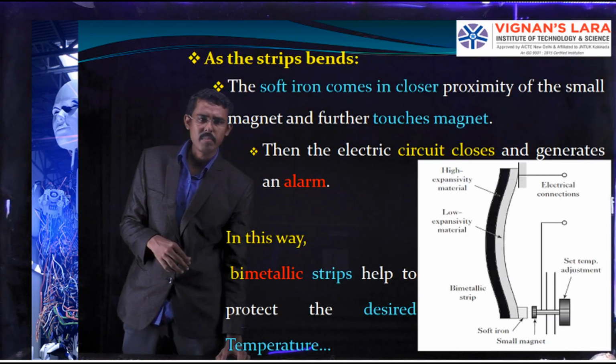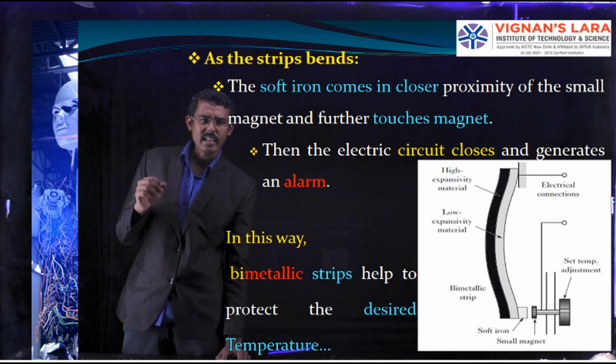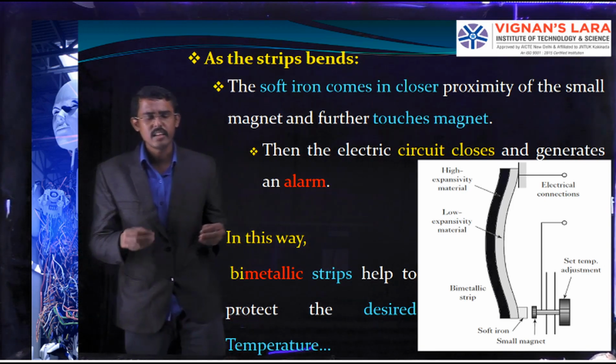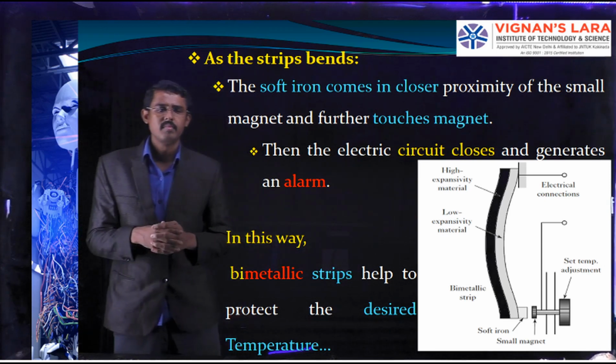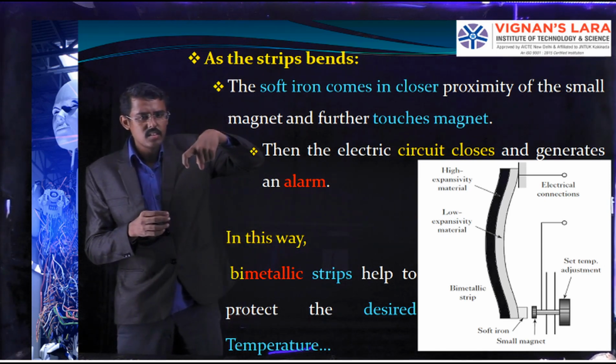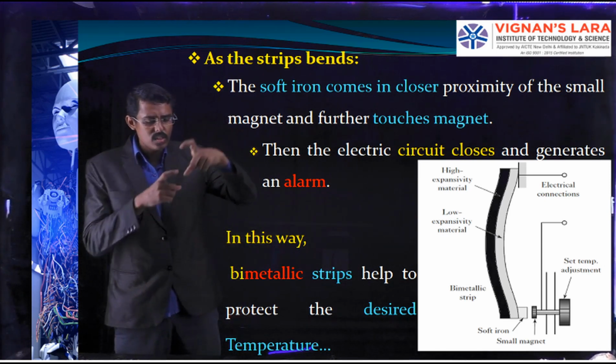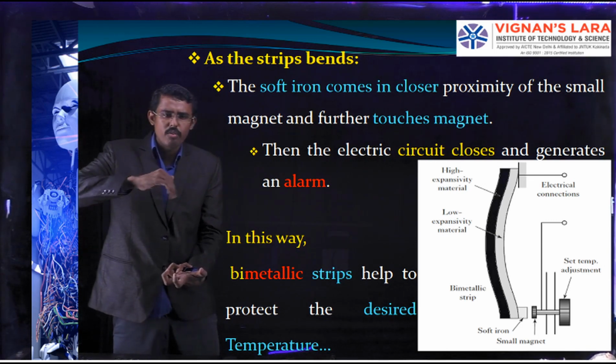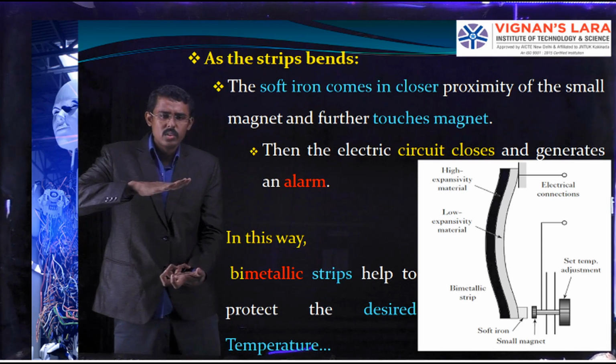As the strip bends, the soft iron comes in close proximity to a small magnet and further touches the magnet. Here we have the magnet at the bottom, and the soft iron on the bimetallic strip.